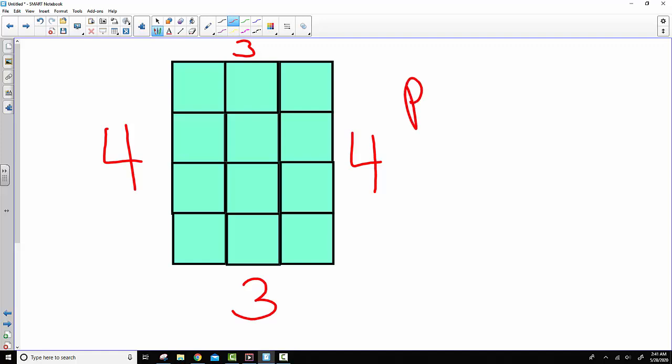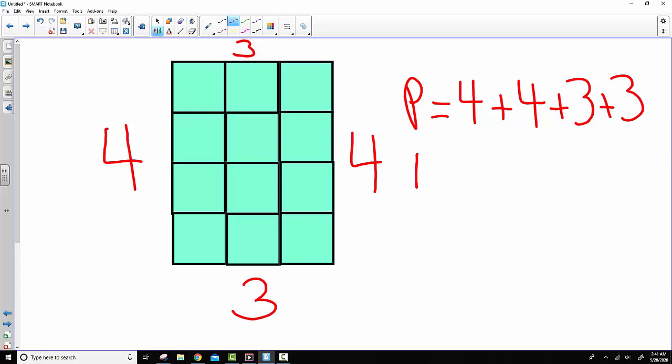So when we're looking at perimeter, this time it's much easier to calculate. The sides are 4 plus 4. And the top and bottom are 3 plus 3. Much clearer, much easier to understand. When we add the units together, we have 4 plus 4 is 8. 3 plus 3 is 6. 8 plus 6 is 14.